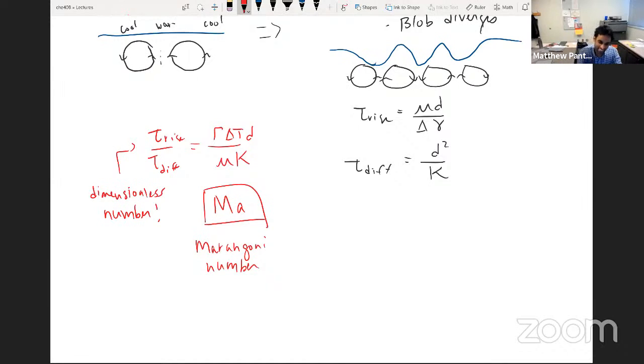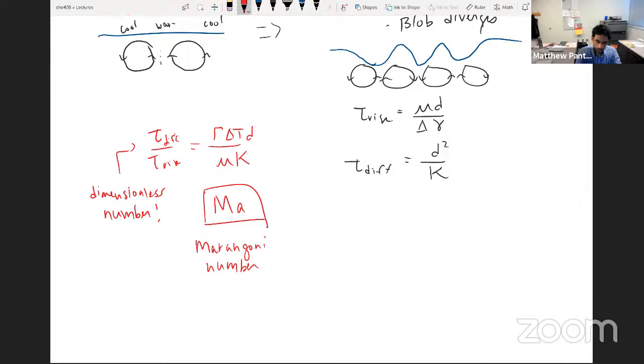Huh. Maybe my notes are messed up. So yeah, that does look wrong, doesn't it? Yeah, it should be tau diffusion over tau rise, I think.